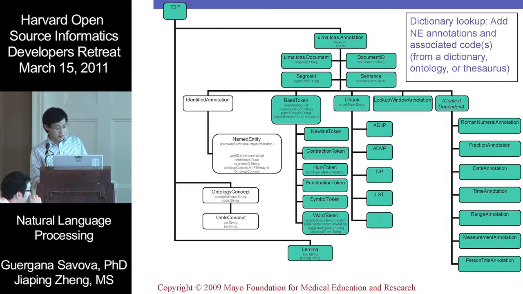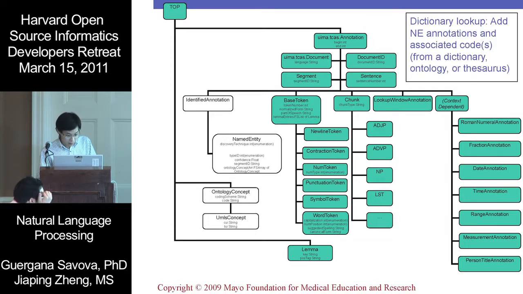The named entity type has a few attributes here. A type ID, which corresponds to the semantic type of the named entity: disease or disorder, sign or symptom, anatomical sites, etc. We have confidence here, and a segment ID indicating which segment this named entity is in.